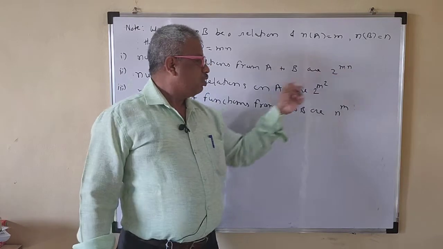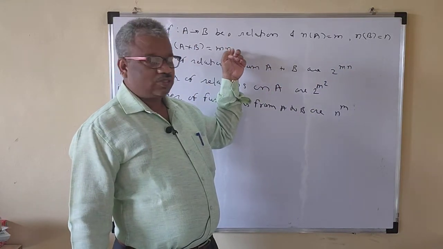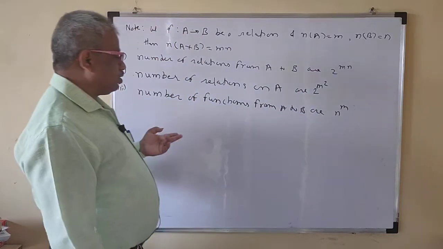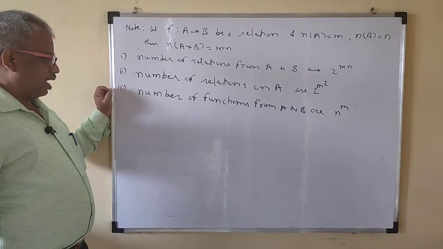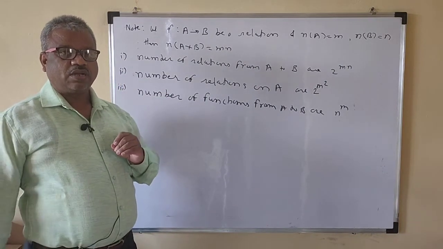Same here, A cross A is m into m, that means m square. So 2 raised to m square relations we can form on the set A. Then you know that a relation is a function under some conditions.